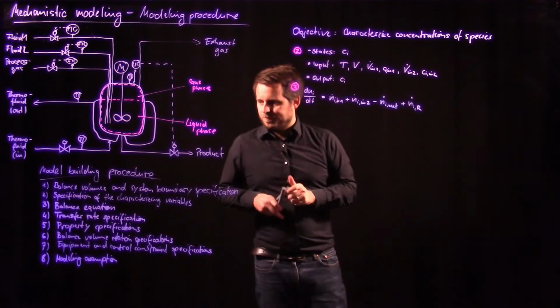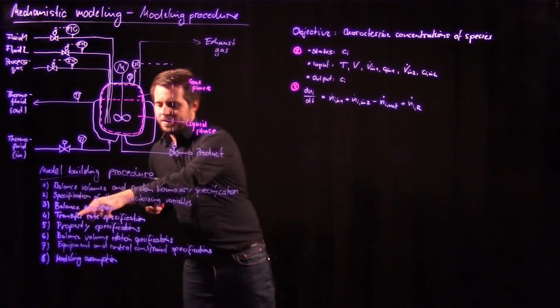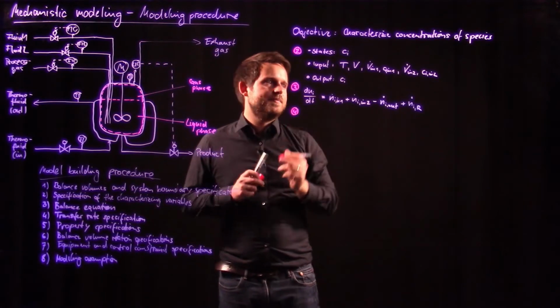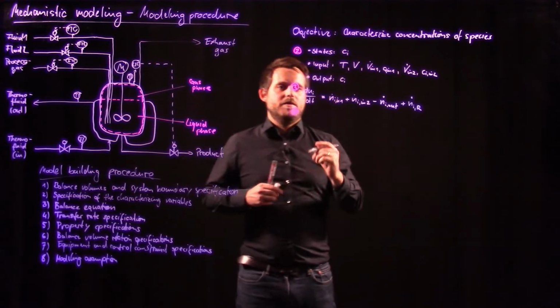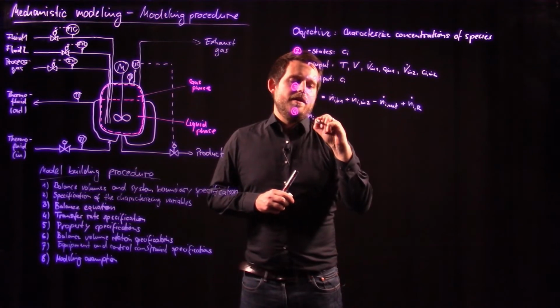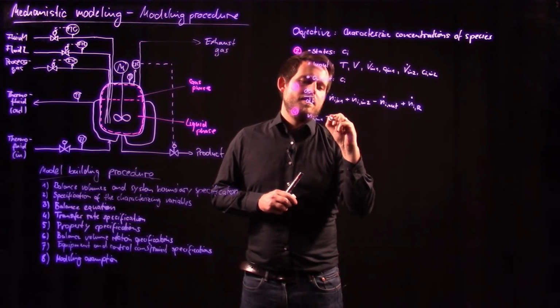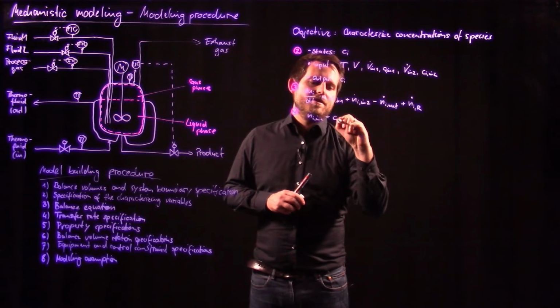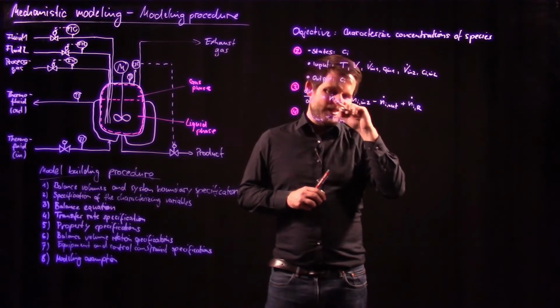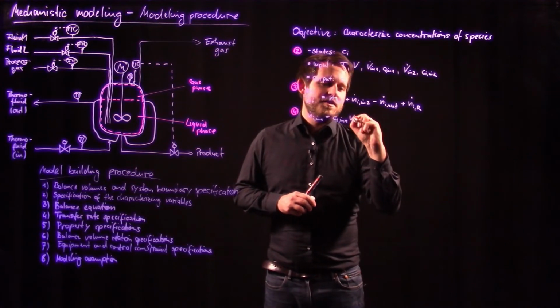Then we again look into the transfer rate specifications and say 4. We have again our flows. So n dot I in 1 equals the concentration in the input flow, Ci in 1 times V dot in 1.